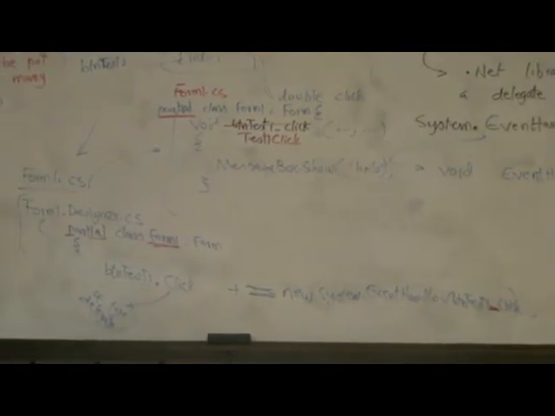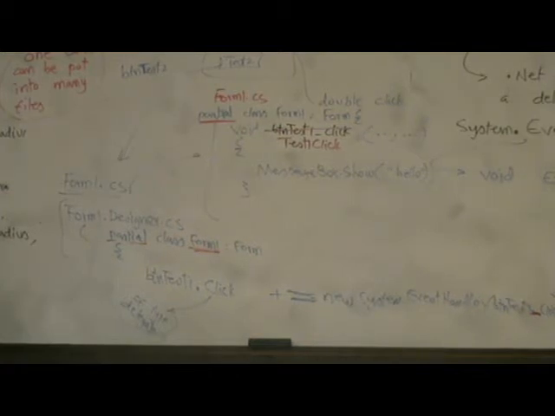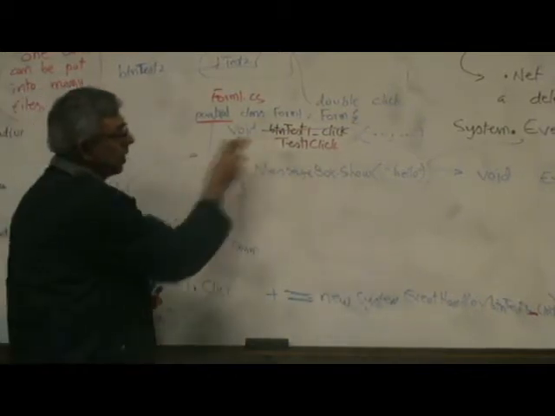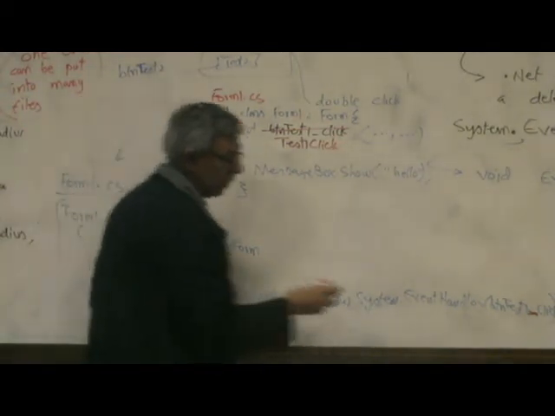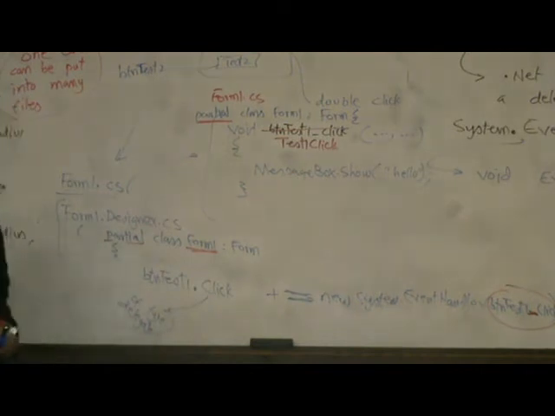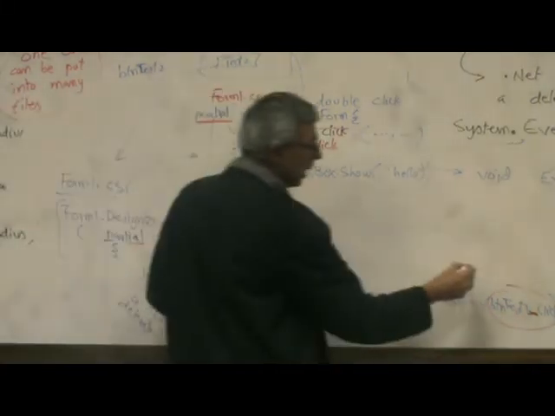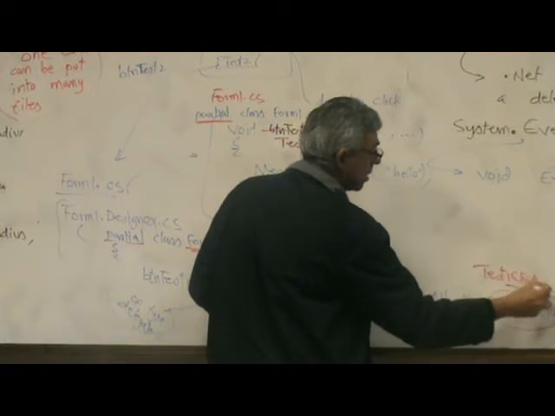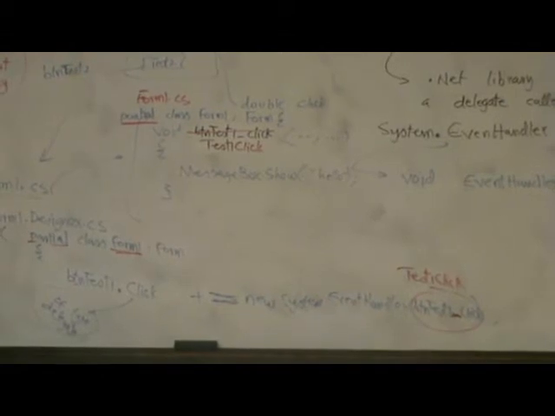Okay? So once you know this is how the event handling works, to make this work, what will you need to do? You will need to go over here. Change it to what? Test1 click. And now if you click on the button, it will work fine.